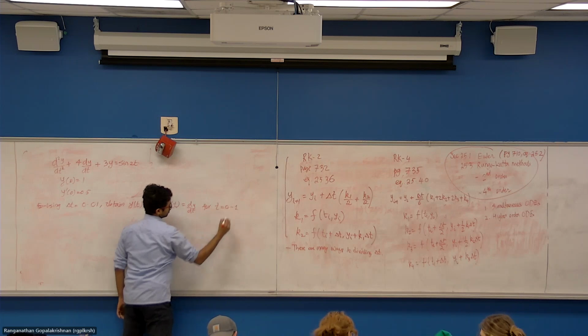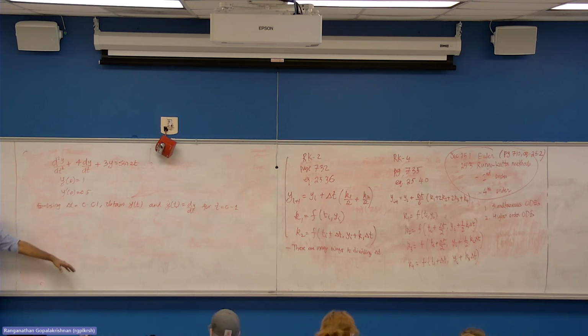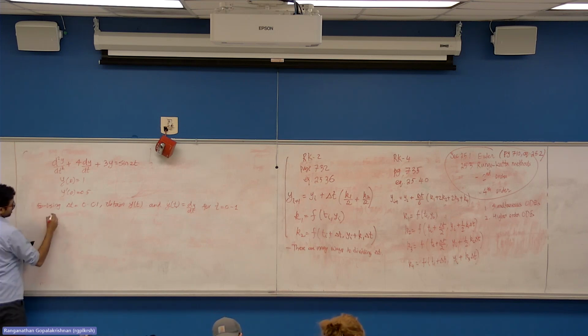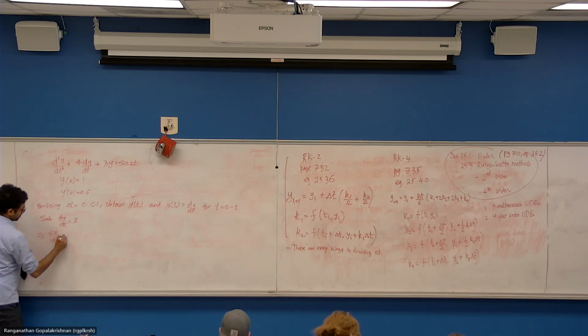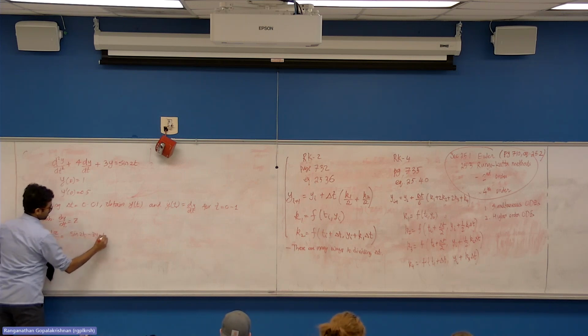Of course, 0 to 1 means I'm implying we'll do it on Excel, not everything by hand. So if you are applying the Euler method, actually before that, you will write dy by dt equal to z, which implies dz over dt equal to sine 2t minus 3y minus 4z.